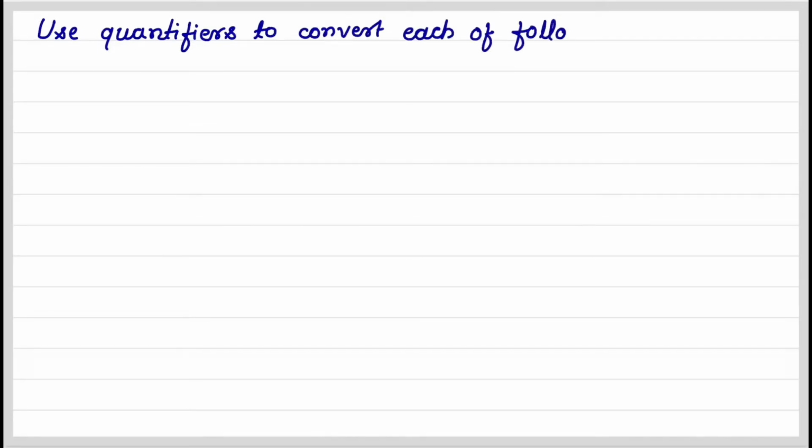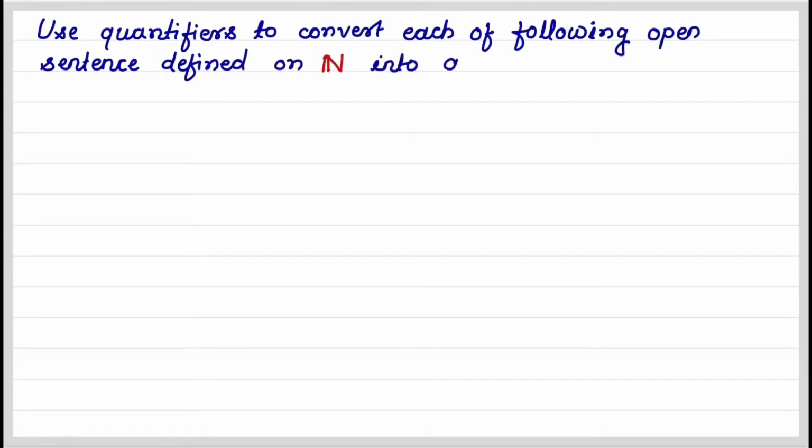Now the next type of examples. Here we have to use quantifiers to convert each of the following open sentences into a true statement defined on the set N, the set of natural numbers.